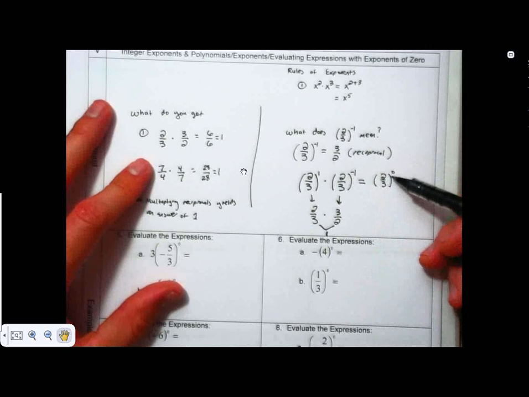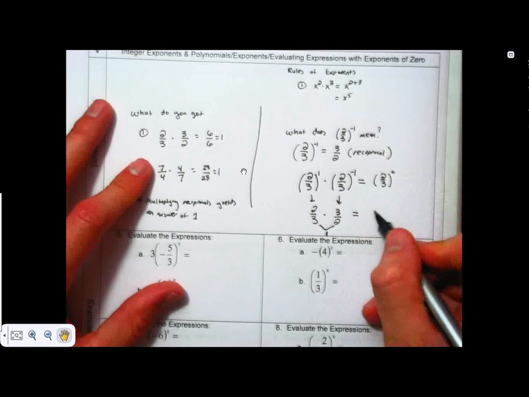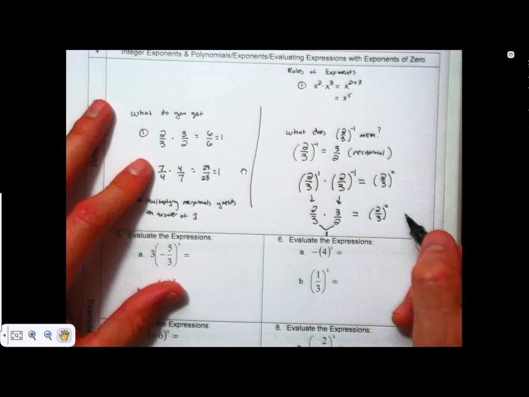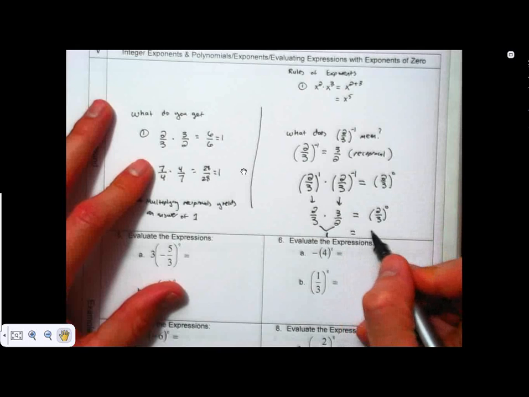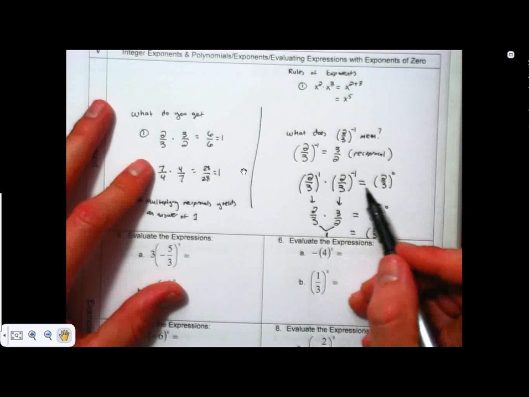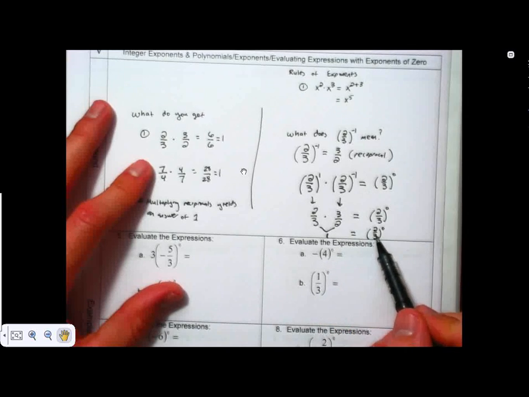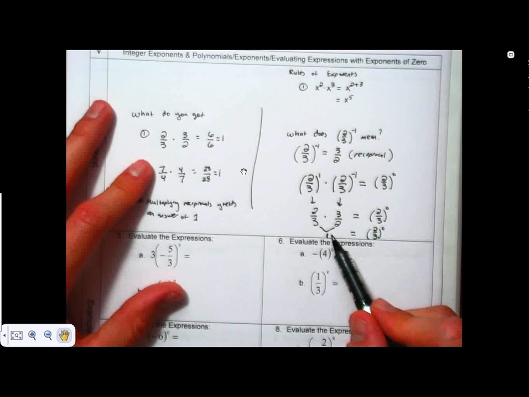So what I end up with is 2/3 to the 0 power. What's that equal to? We've never encountered, at least to this point, something to the 0 power. But now I actually know. I computed the answer on the left-hand side, and I know these two sides are equal to one another, so 2/3 to the 0 power equals 1.